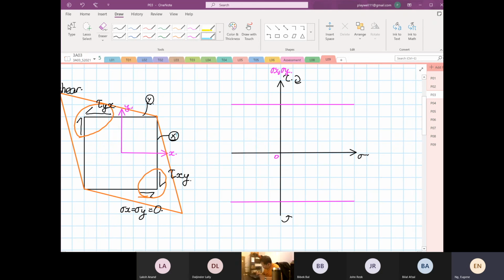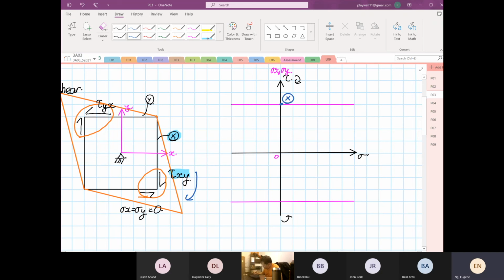Now let's focus on point X. If we put a pin on the center, the X over here, with this shear, will generate a rotation in a clockwise direction. So this is where our point X is.